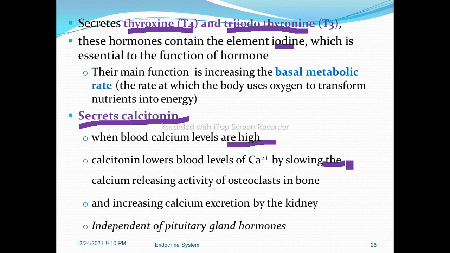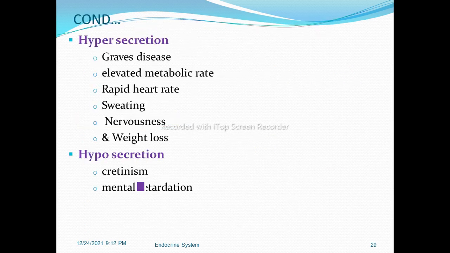If the calcium level in the blood is low, it will increase it, but if the calcium level is high, it will decrease it. Like parathyroid hormone, which is secreted by the parathyroid gland, calcitonin also controls blood calcium level.